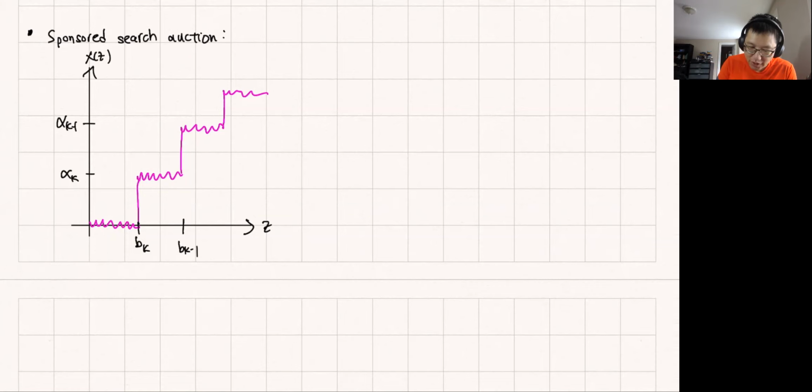So if you bid something, then the payment is the area to the left of the curve.